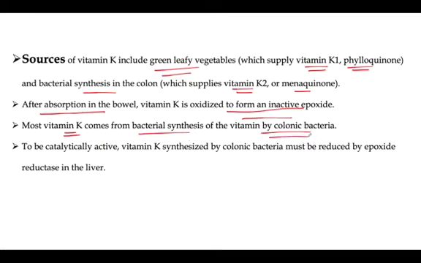So if somebody is taking a broad spectrum antibiotic for some kind of a disorder, he or she should take vitamin K supplements, as broad spectrum antibiotics also kill the intestinal bacteria. So to be catalytically active, vitamin K synthesized by colonic bacteria must be reduced by a particular enzyme called epoxide reductase in the hepatocytes.